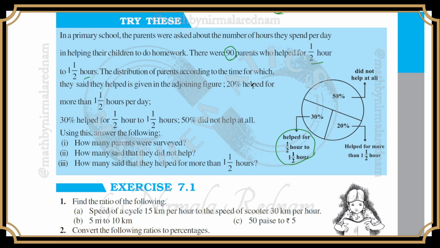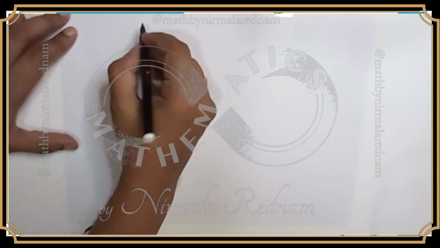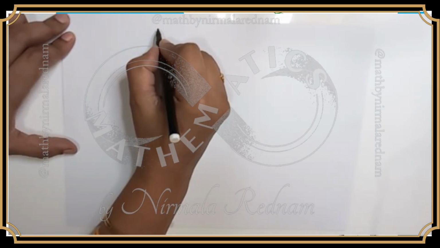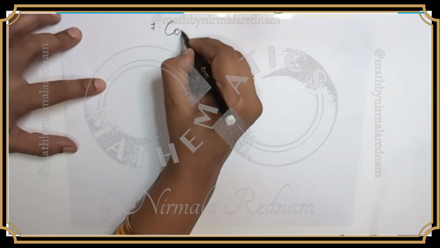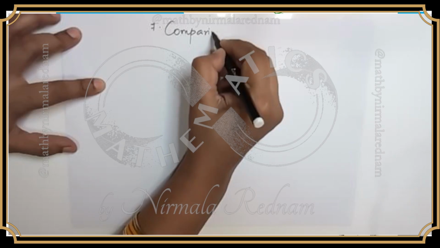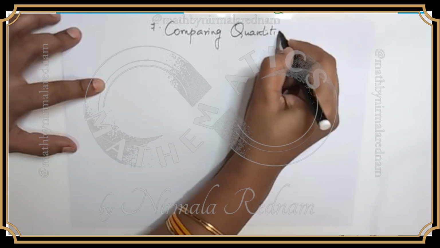What I mean to say is, let us look at it on a piece of paper. So here, we are doing the sums from 7th chapter, comparing quantities, right?